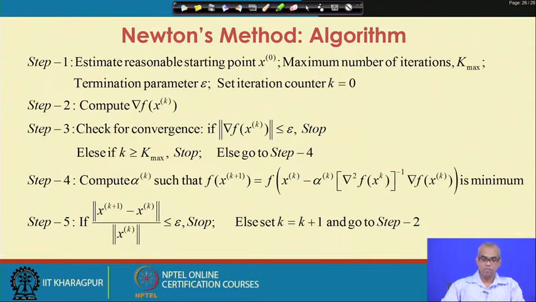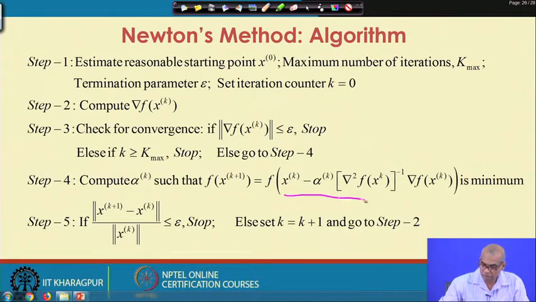In the next step, I compute alpha k, the step length, such that f of x k plus 1 is minimum. So, what is f of x k plus 1? It is f at x k minus alpha k into Hessian inverse into gradient.